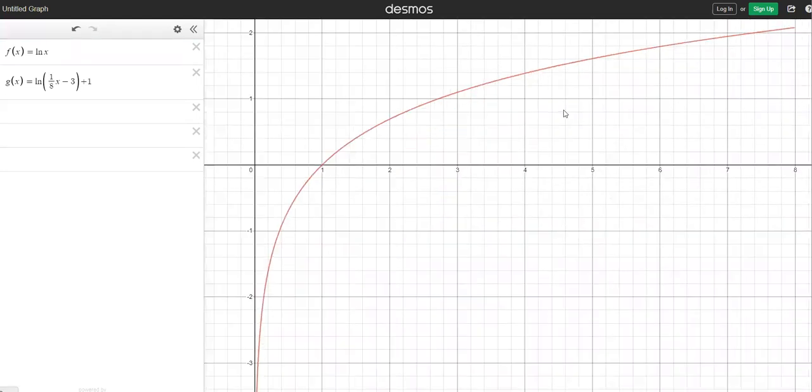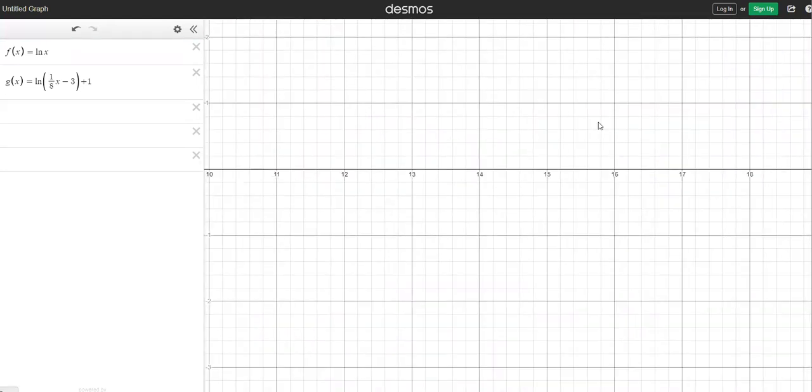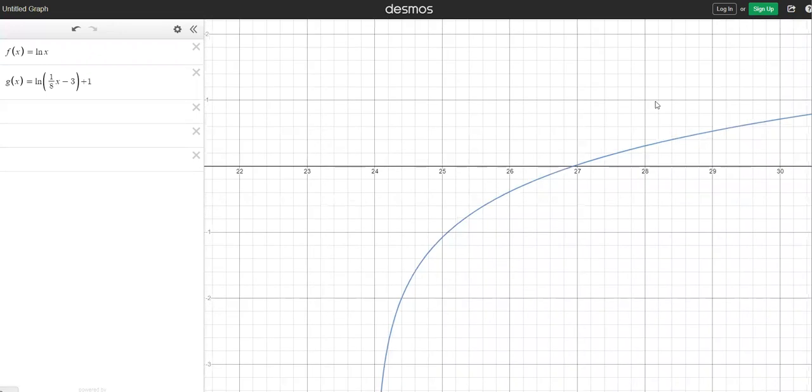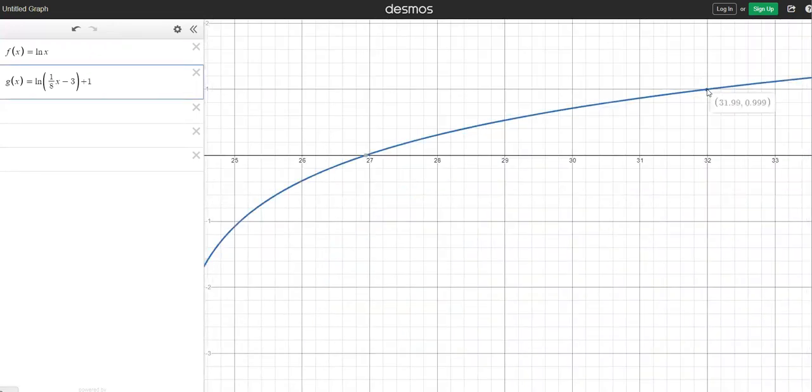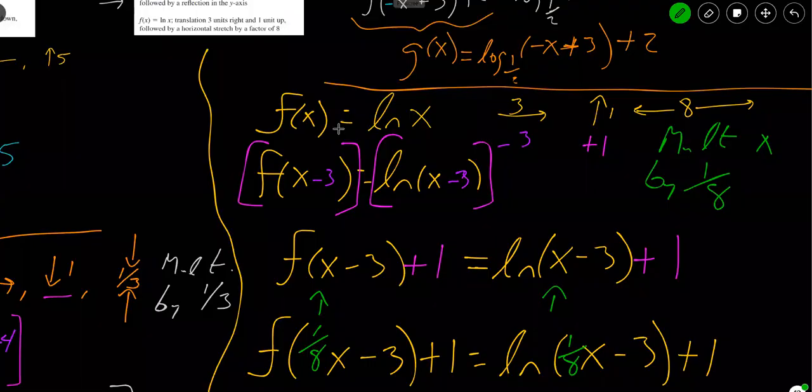So I should be able to go out all the way to 32, 1. And there it is, 32, 1. So that's the corresponding point to 1, 0 on my original red graph. And remember, every point on the blue graph has another point on the red graph that it's been transformed from.